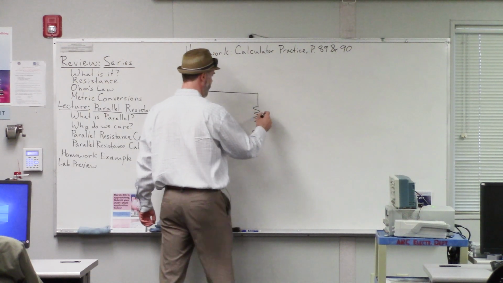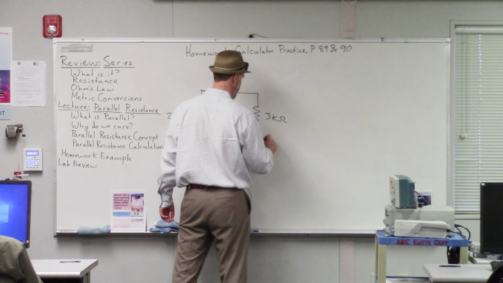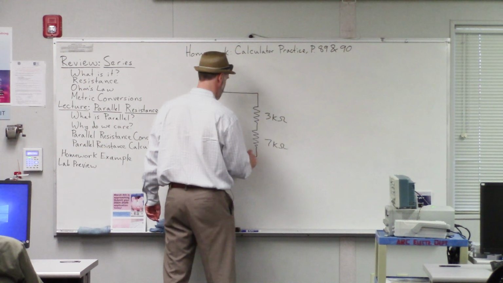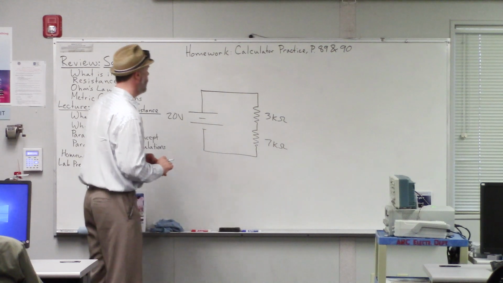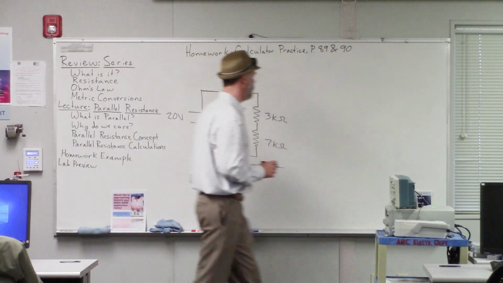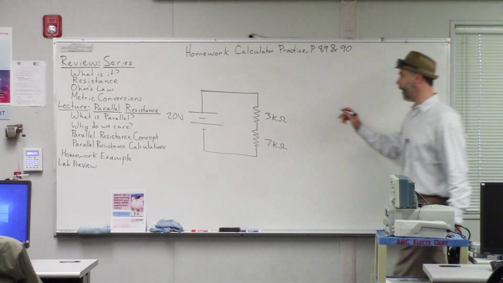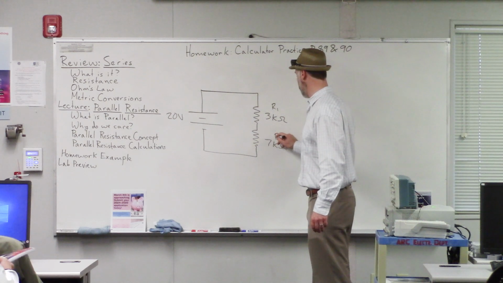Let's say we have a 3 kilo ohm resistor and a 7 kilo ohm resistor, and we want to figure out everything that we can about this circuit. We'll call this one R1, this one R2.